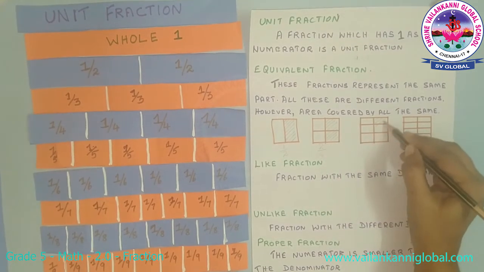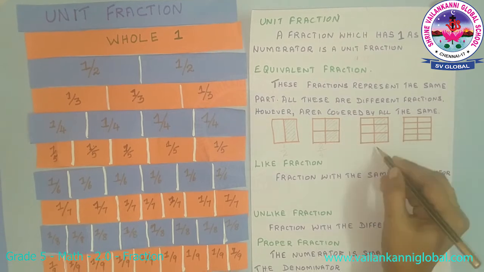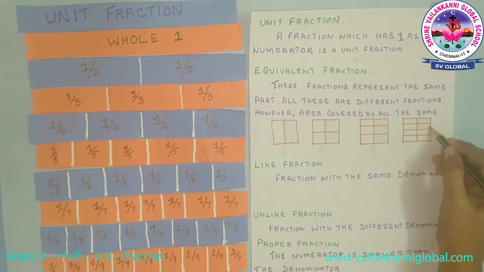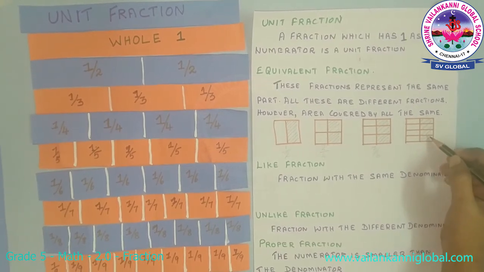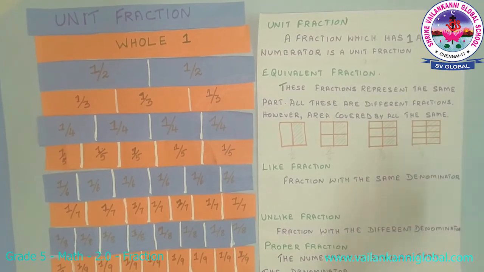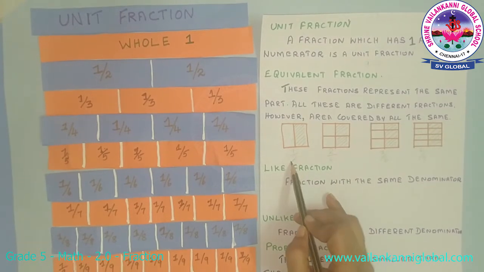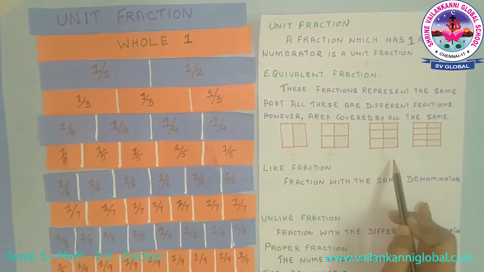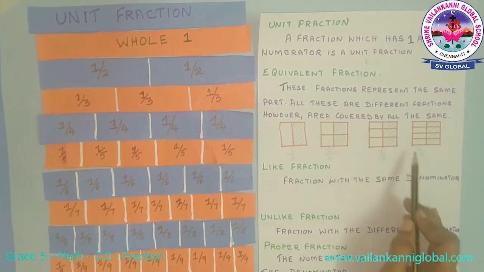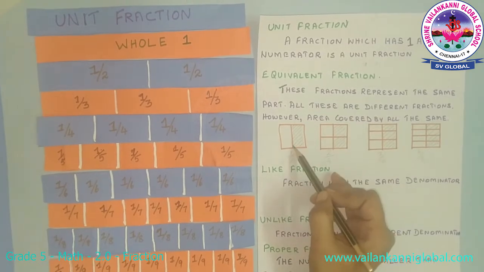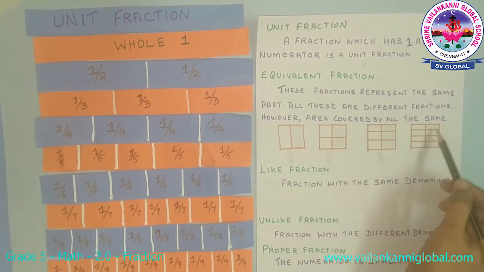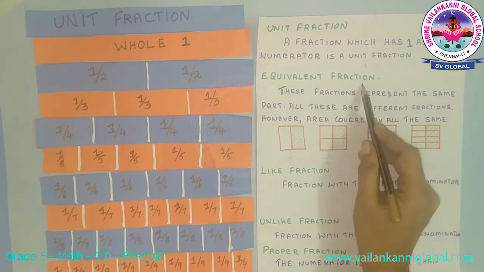Here, in the same way, you can write 3 by 6, and here 4 by 8. So 1 by 2, 2 by 4, 3 by 6 and 4 by 8: all 4 are equivalent fractions, because the area covered by all of them is the same.